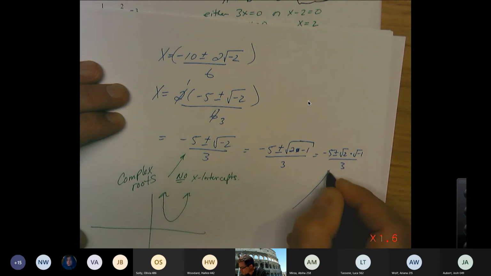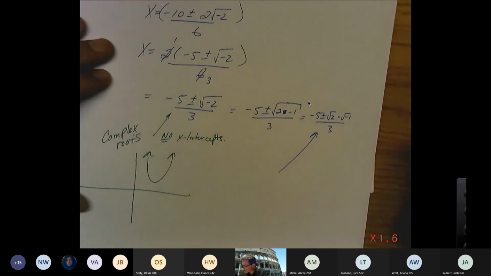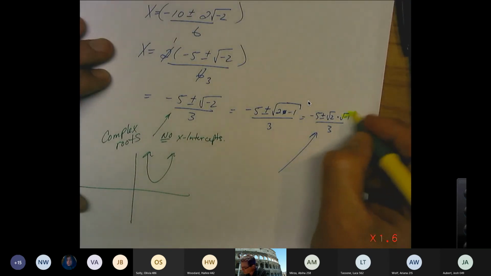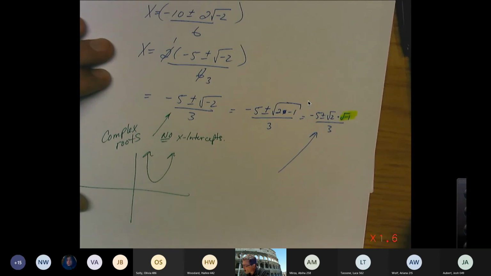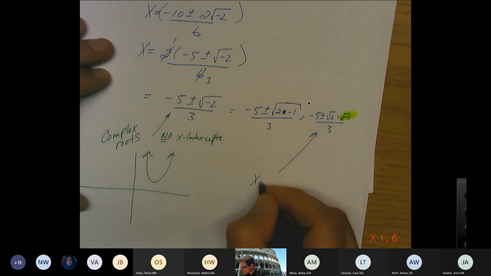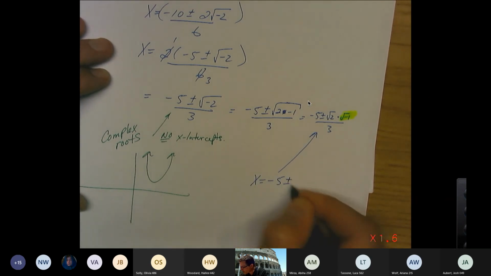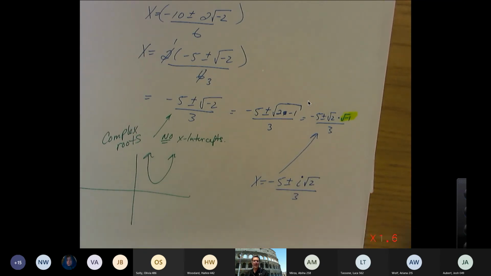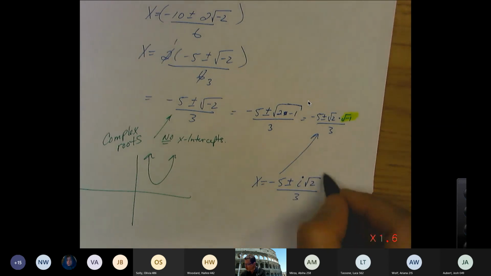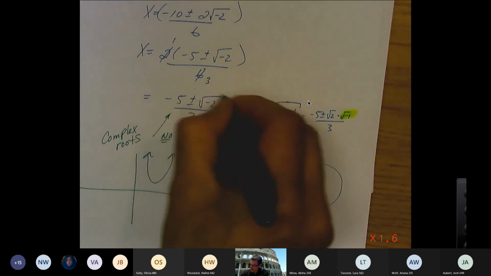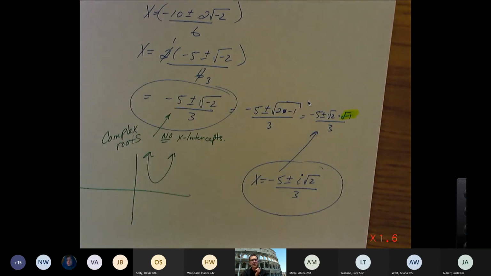And as I told you, us mathematicians have a special symbol for this. We call that i. So you could write this as negative 5 plus or minus i root 2 over 3. And that would be the real grown-up way to talk about it, but we're okay talking about it like that too.